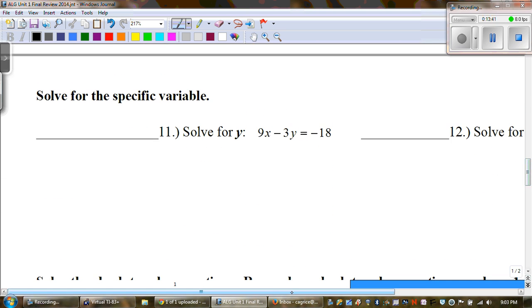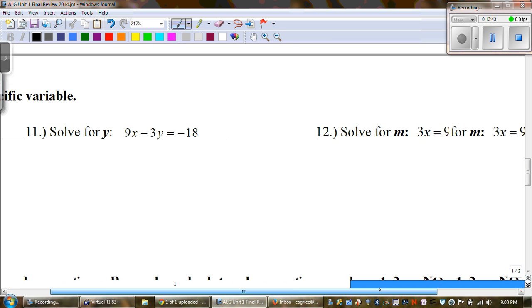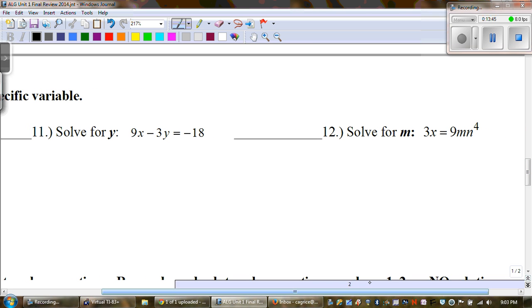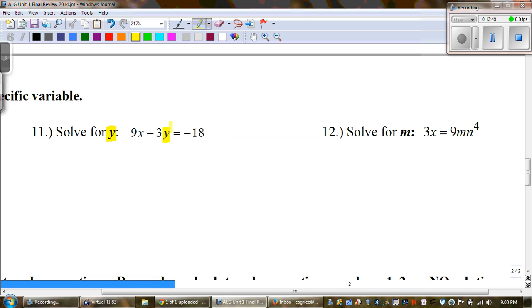Okay. It says solve for the specific variable. So I want the y by itself. This should look very familiar, guys. Okay, to get the y by itself, we're going to subtract the 9x. Okay, negative 18 and negative 9 are not like terms, so we cannot combine them.